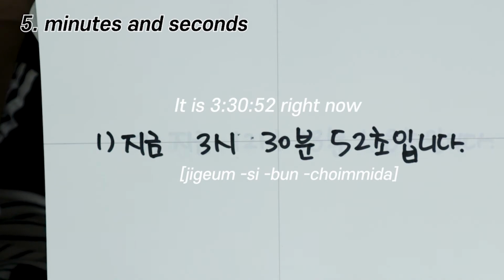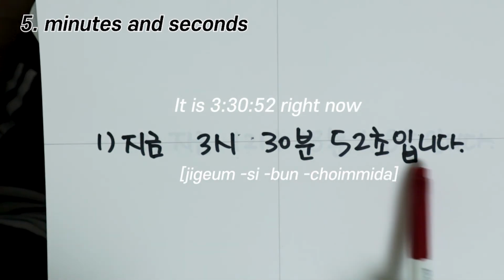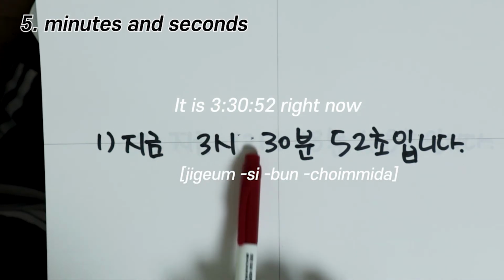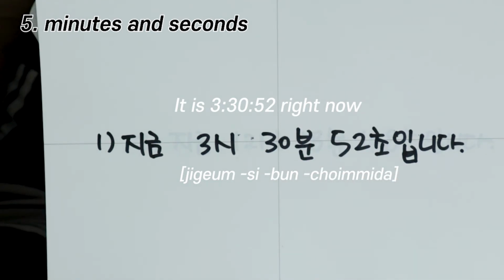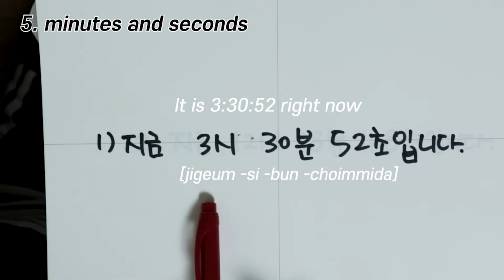Let's practice this last one, minutes and seconds. You can use the Korean Sino number like this. This means it is 3:30, 52 seconds right now. I will tell you the hour part because I've not taught you before. For hours, we have to use a Korean native number.